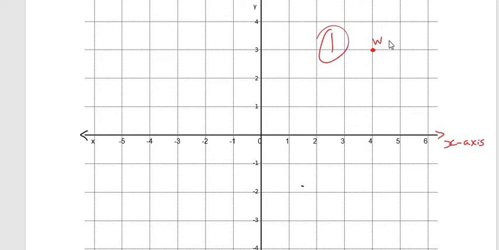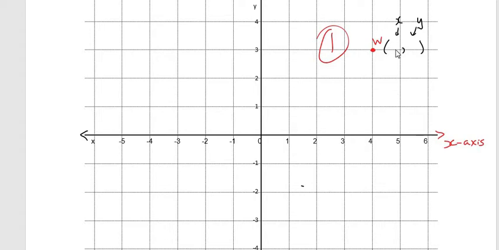Now, we call that the x-coordinate. In other words, the x location of point W. So we're going to basically put a pair of brackets and a comma in between. In the first part, we put the x coordinate, in other words, the x location. And in the second part here, we put the y location. That's the standard. X, then y, just like the alphabet, x, y.